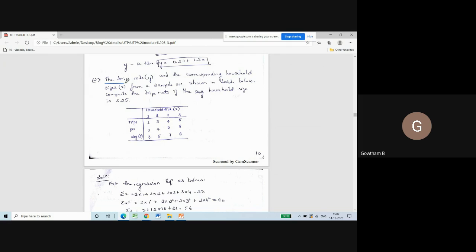The trip rate, which is designated as Y, and the corresponding household size, which is designated as X, from a sample are shown in the table below. Compute the trip rate if the average household size is 3.25. Here two parameters are there.